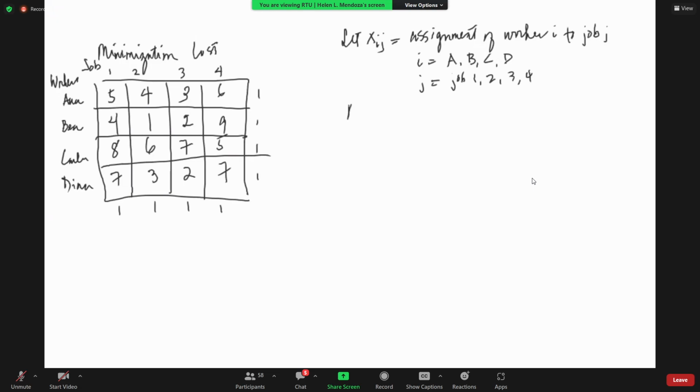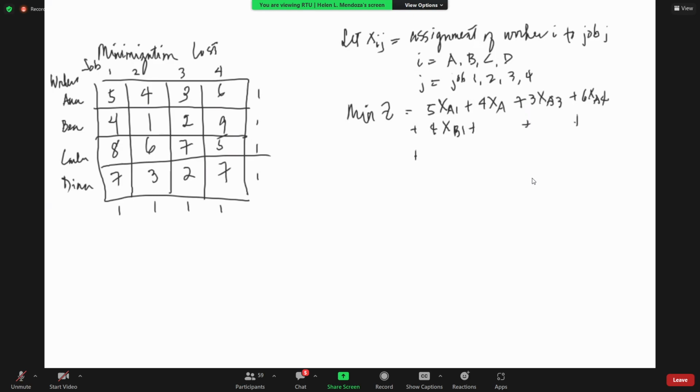So we have minimize Z, which is equivalent to 5 XA1 plus 4 XA2 plus 3 XA3 plus 6 XA4 plus 4 XB1. No? So we do the same for all.